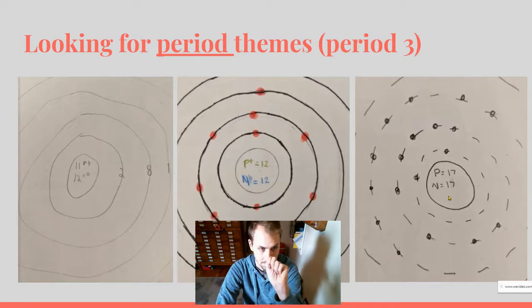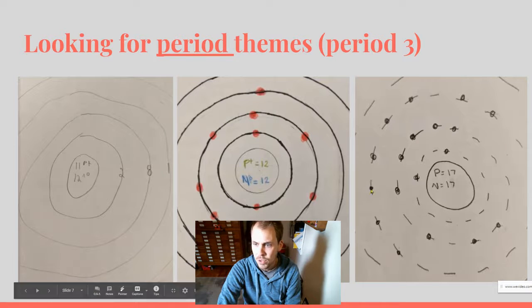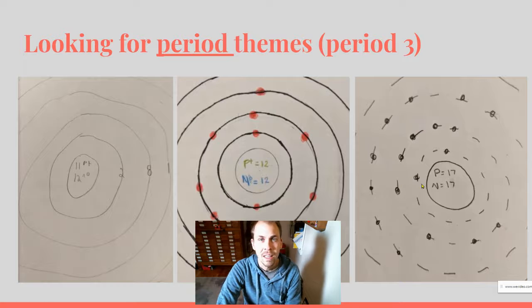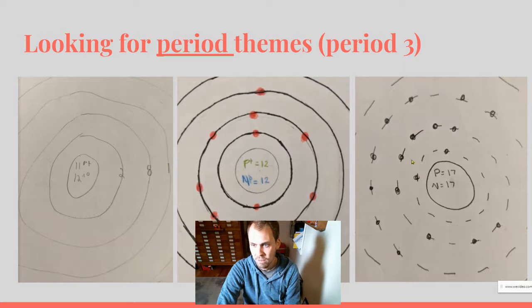I'll bring the table back up in a second, but okay, not really a clear pattern with the valence electrons. This one has 1, this one has 2, this one has 7, right? But they do all have something in common if we're checking out how many rings they have, right? So this one gets to the first, second, third ring, first, second, third ring, first, second, third ring.